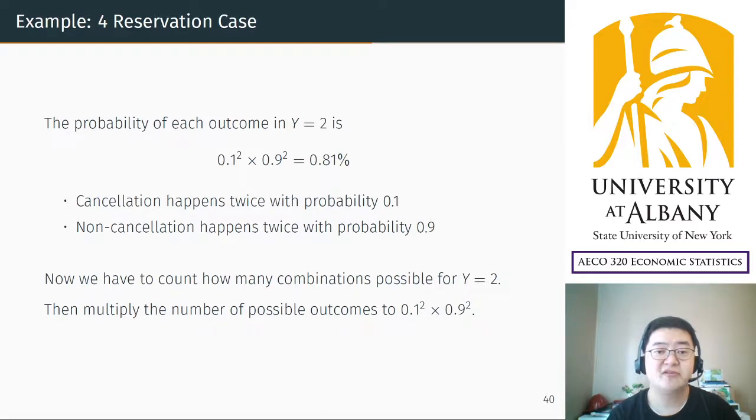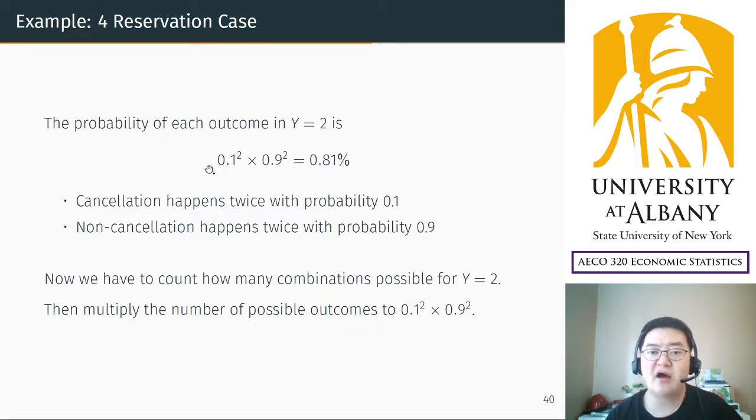So first, let's think about the probability of a single outcome that satisfies two cancellations. The idea was, because there are four reservations, two are canceled and two are not. So the probability of cancellation is multiplied twice. Cancellation happens twice with probability 0.1, and the probability of non-cancellation is 0.9, which happens twice.